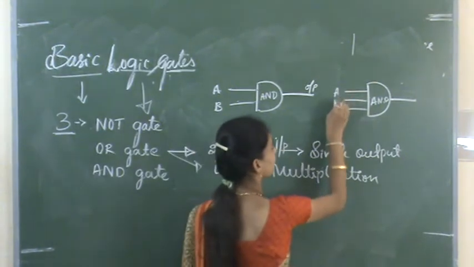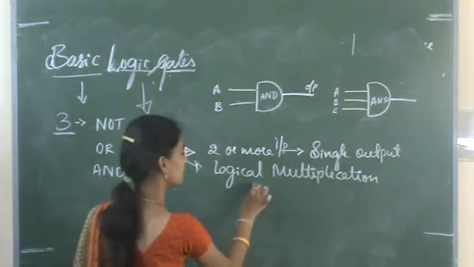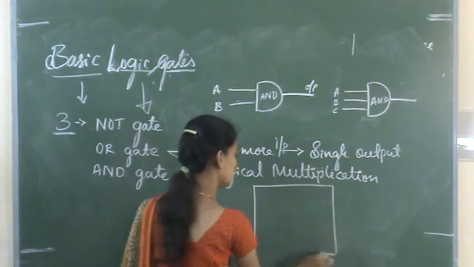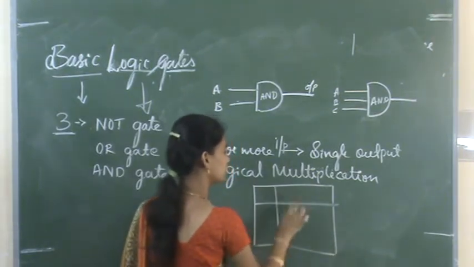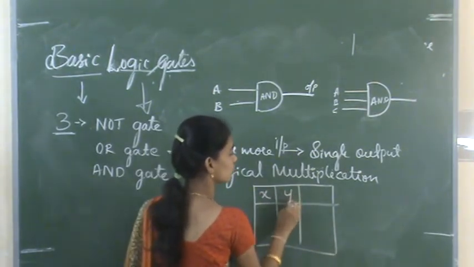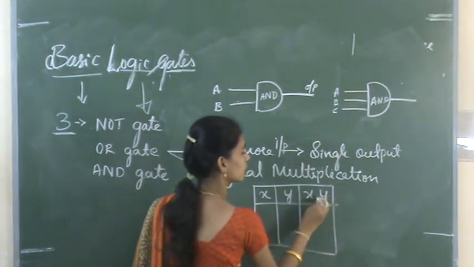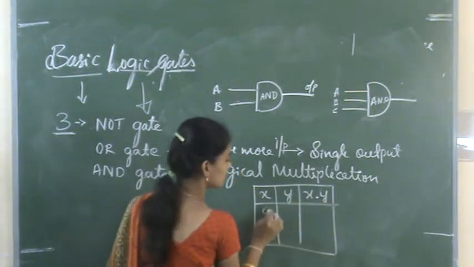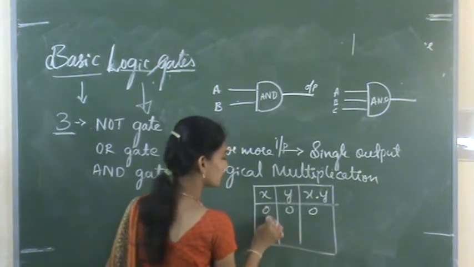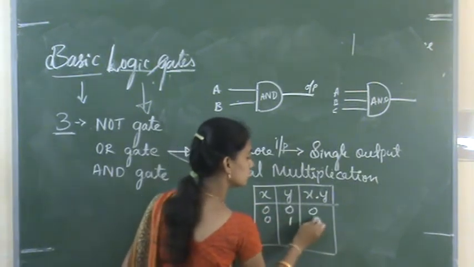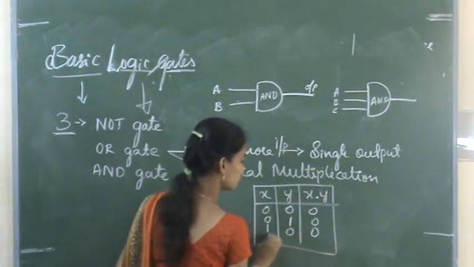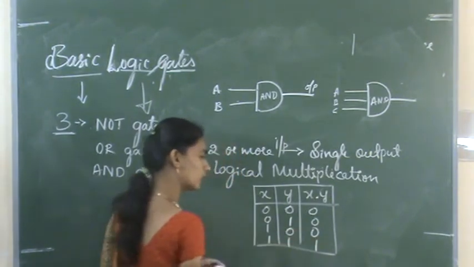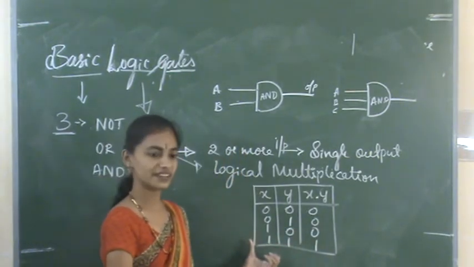We know how to represent the truth table for the AND gate. X, Y: 0 0 gives 0, 0 1 gives 0, 1 0 gives 0, 1 1 gives 1. I think this was studied in the previous class.